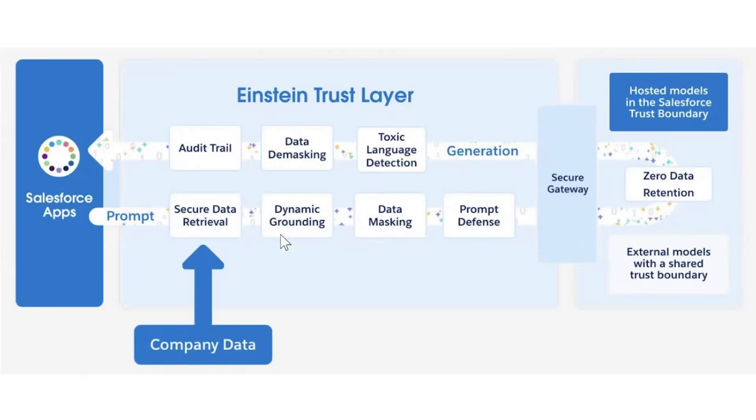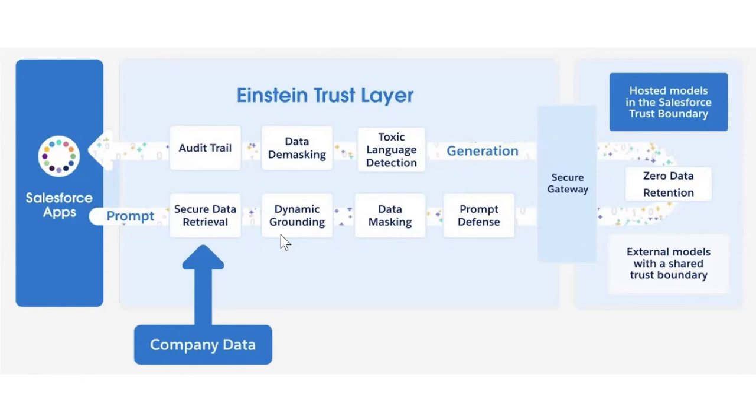Dynamic grounding drives an LLM's answers using the correct information, grounding the model in factual data and relevant context. This helps prevent the generation of irrelevant or misleading information by enhancing the accuracy and relevance of the AI-generated response. So this gives more accurate responses.